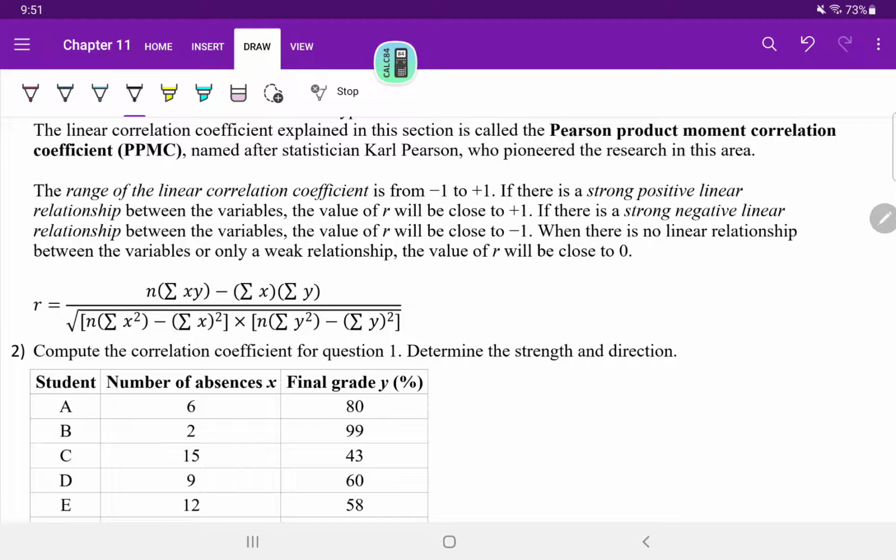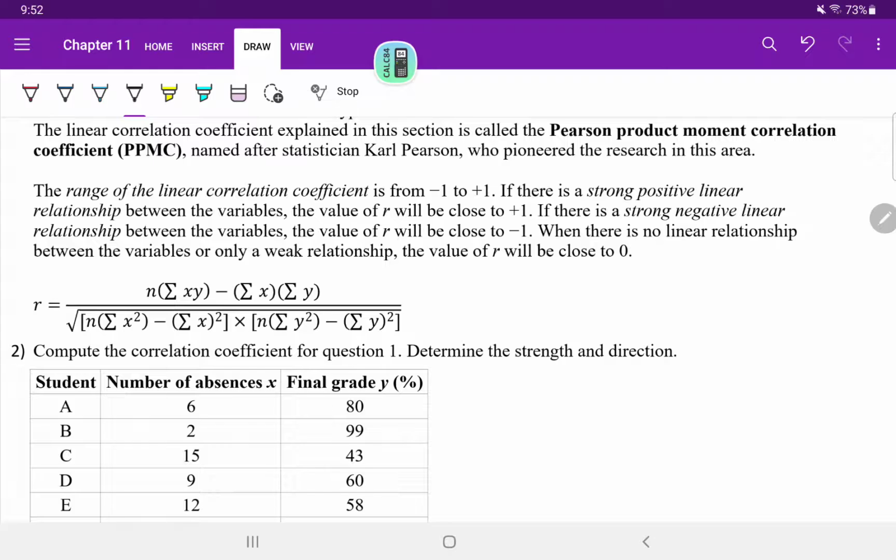If there is a strong negative linear relationship between the variables, the value of the correlation coefficient, which is R, will be close to -1. The stronger the relationship in the negative direction means the closer R will be to -1.